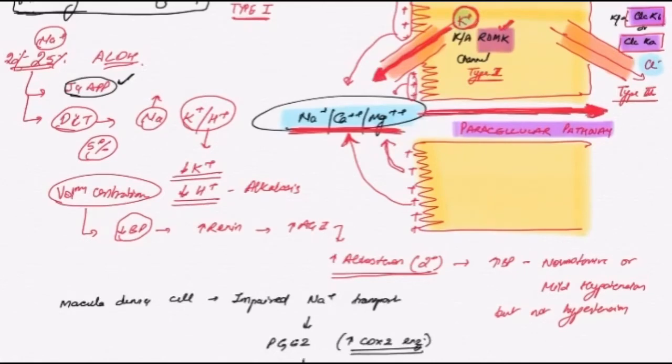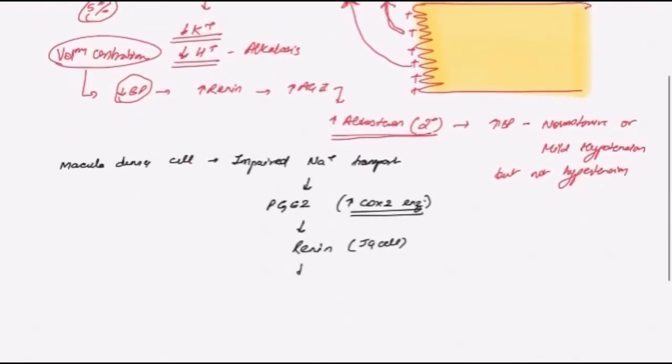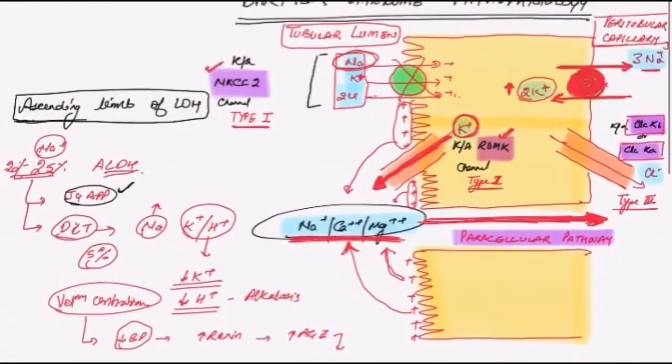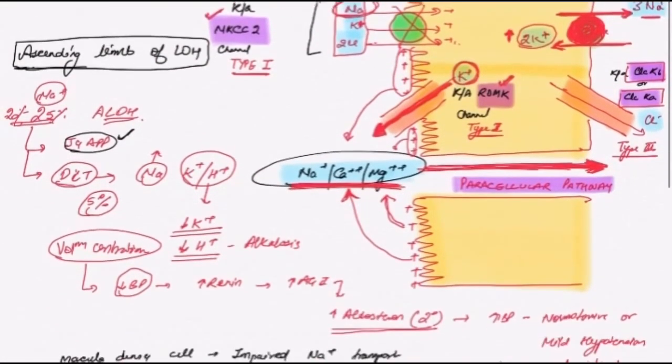This PGE2 in turn stimulates renin production directly inside the JG cells, and this further leads to the Bartter like features in all the manifestations. So this is all the pathophysiology that we need to understand.